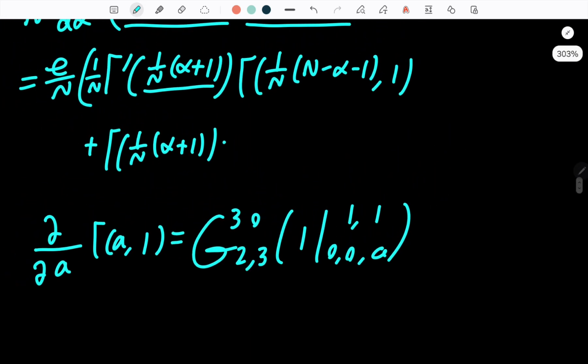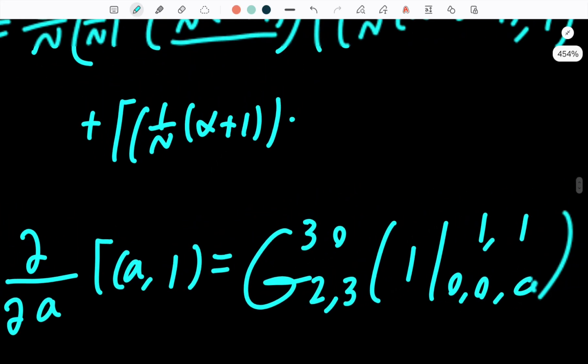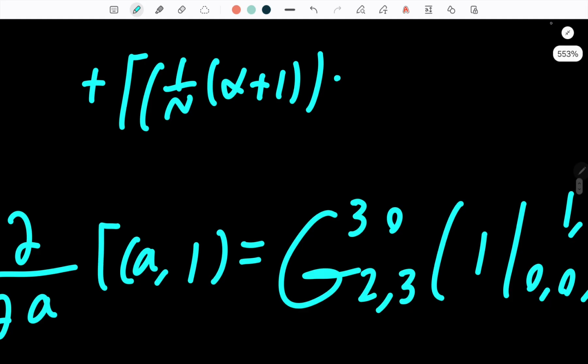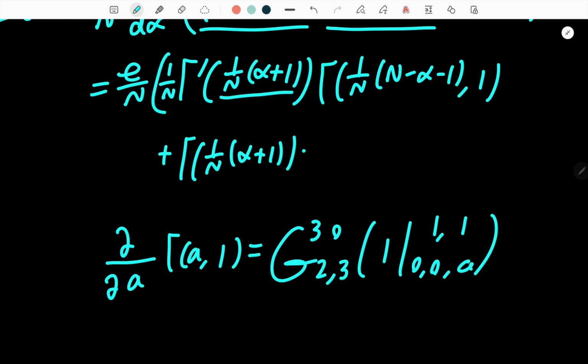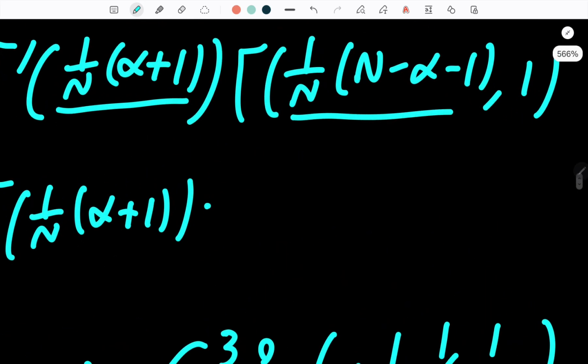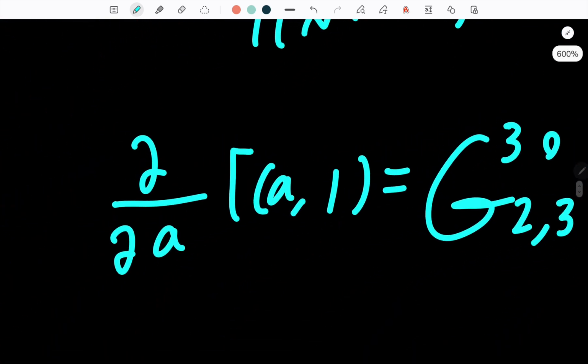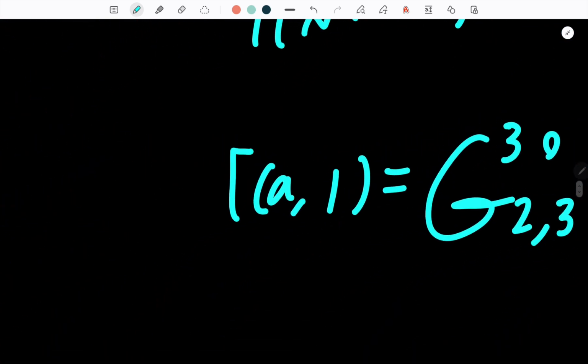Cool. Now, we also will need the chain rule for the derivative of this incomplete gamma function, because we don't just have an a here. We have this term right here, and we are, in fact, differentiating with respect to alpha. So, let's go ahead and move this over.